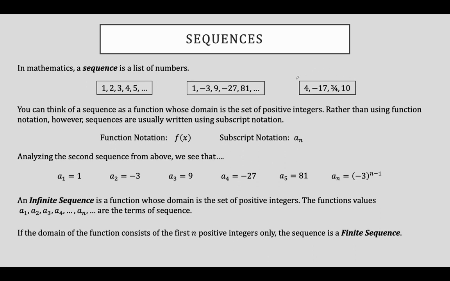Whereas our last example here, 4, -17, 3/4, 10, we see our list terminates at 10, meaning that this is a finite sequence consisting of only 4 terms in this particular case. All right, so a sequence is a list of numbers. We have infinite sequences, we have finite sequences, and we use subscript notation to represent the terms of each sequence.